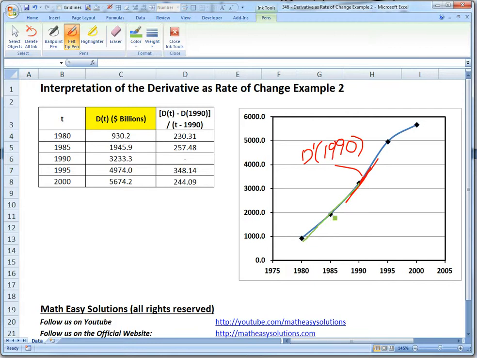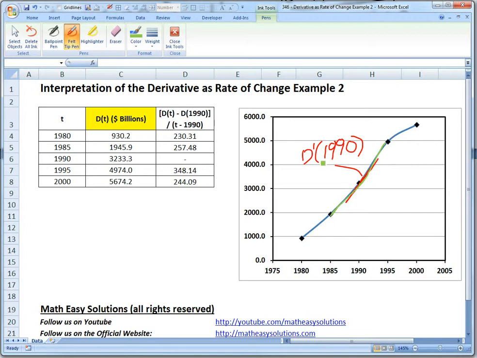From 1985 to here we get 257 as the slope. And then from 1990 to 1995, which is going to be a bit higher, that's 348. So as you can see, the slope is higher from here to here versus here to here.